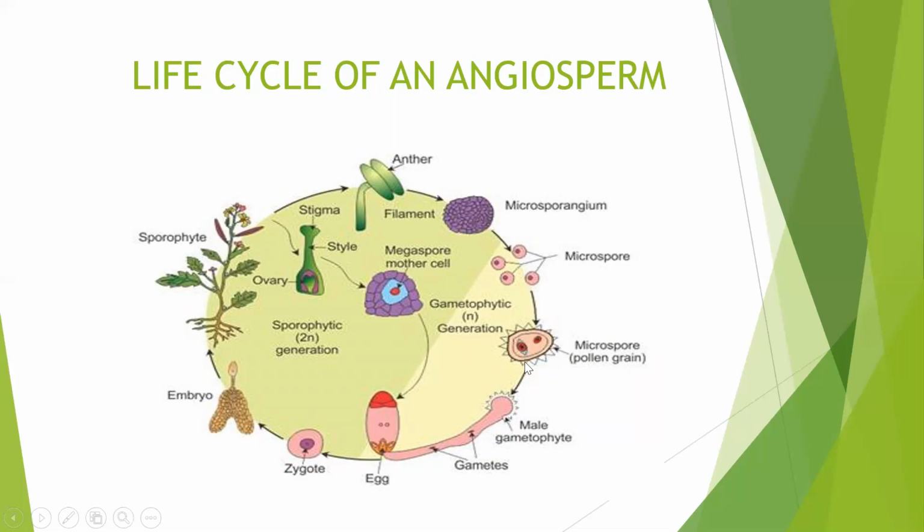The pollen grain contains 2 male gametes. These male gametes enter the ovule through the micropyle, and fusion takes place. Zygote is formed. This zygote divides to form the embryo, and the embryo then finally develops into a sporophyte. So this is the life cycle of angiosperm.